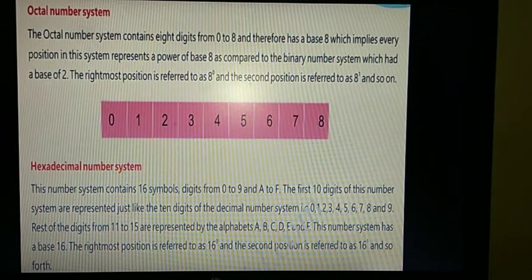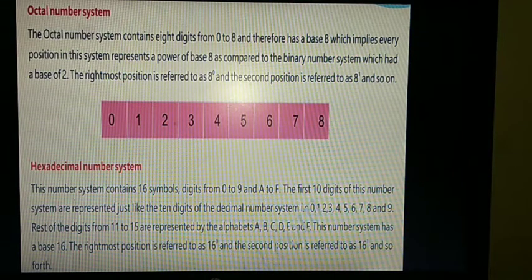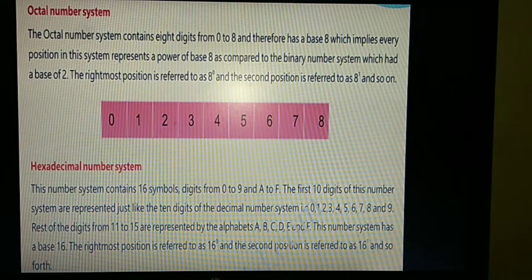It is a combination of numbers as well as alphabets. It consists of the numbers of the decimal number system as well as alphabets representing the numbers 11 to 15. So 11 represents the letter A, 12 represents B, 13 C, 14 D.